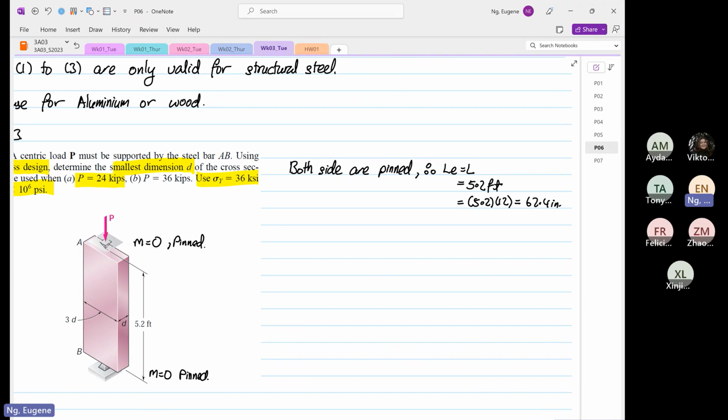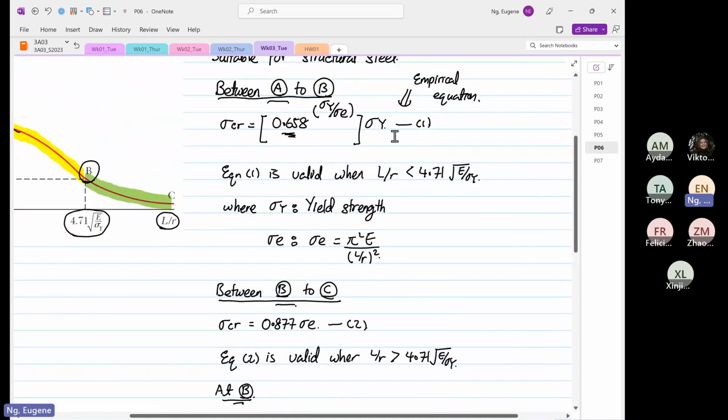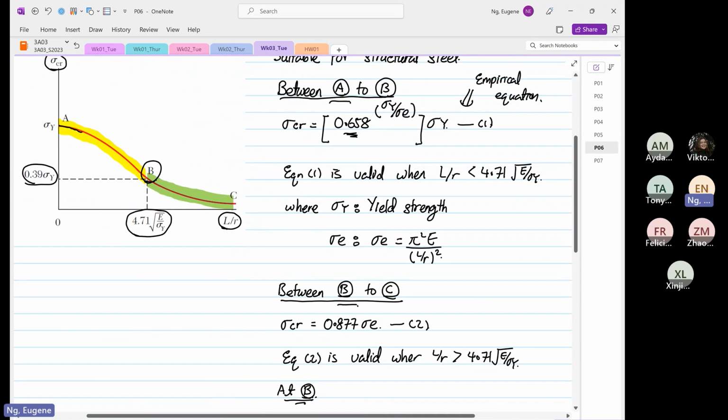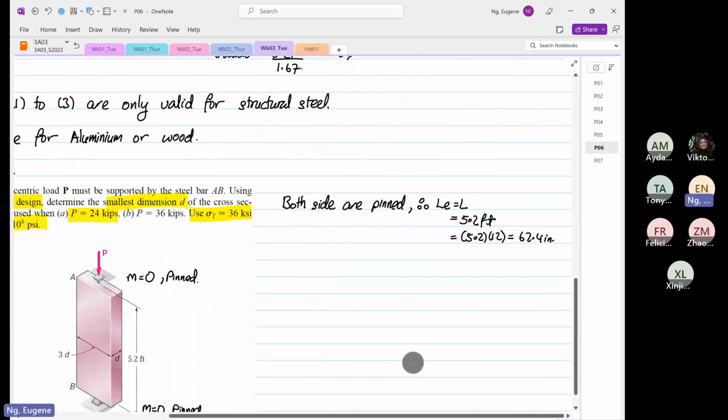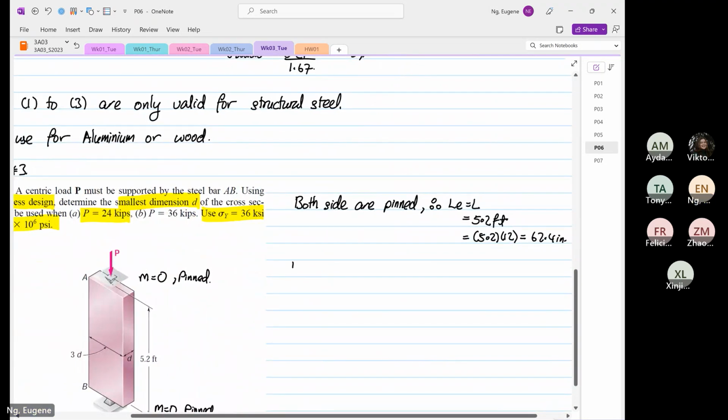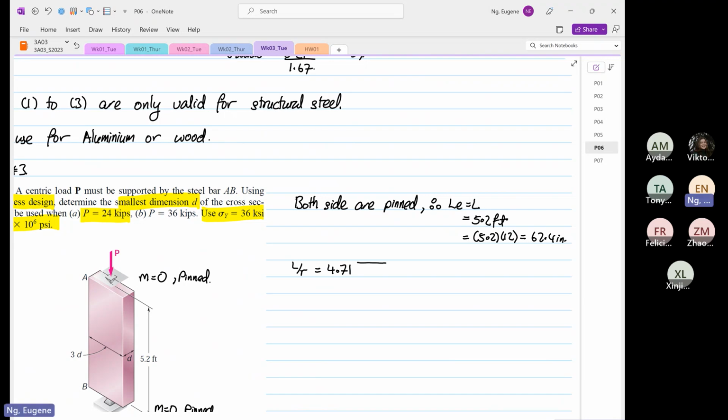The next thing we have to do is look at this chart. We need to know what our crossover point is. We need to determine L over R when it's equal to 4.71 square root of E over stress yield.